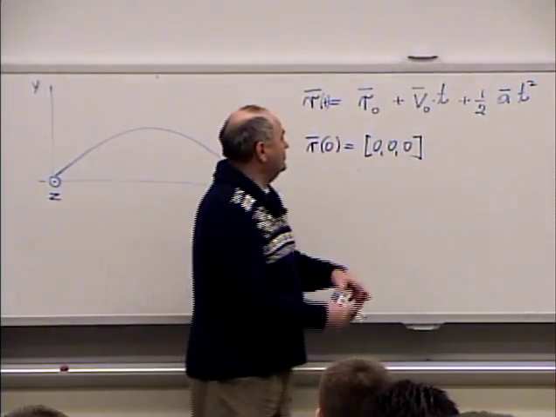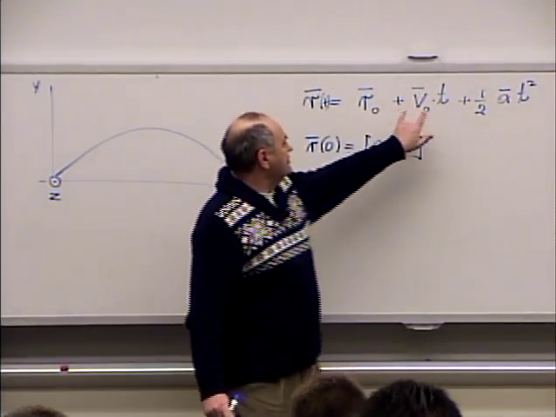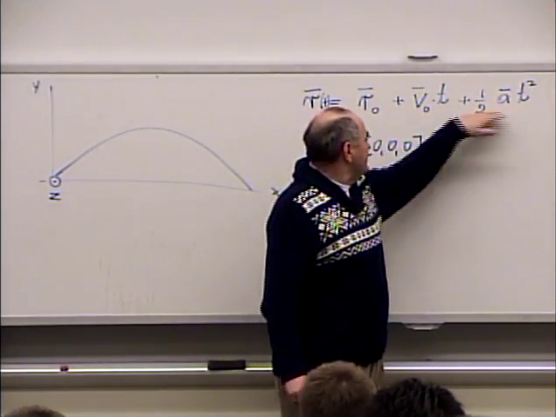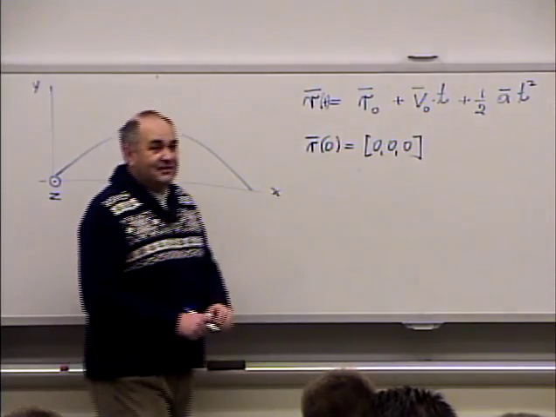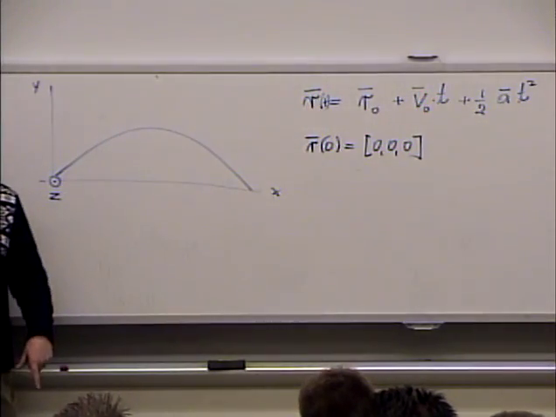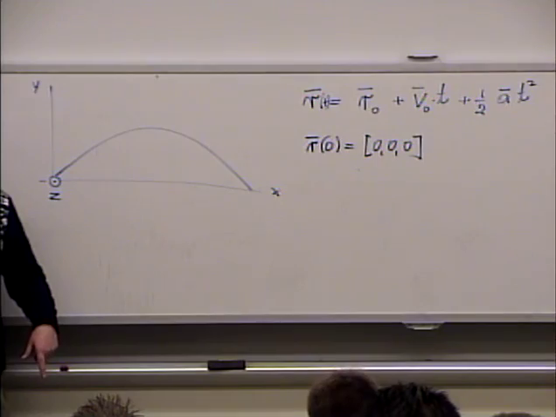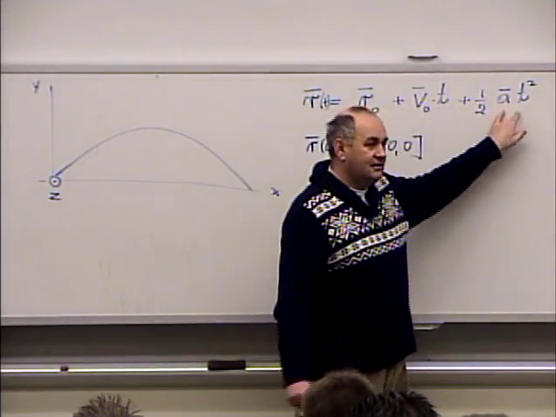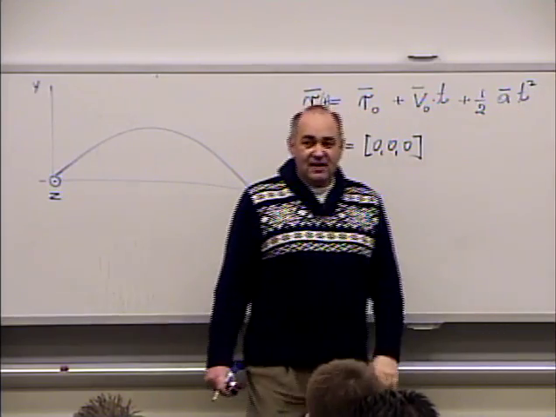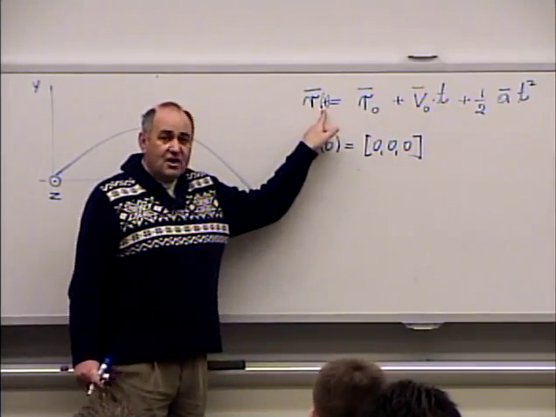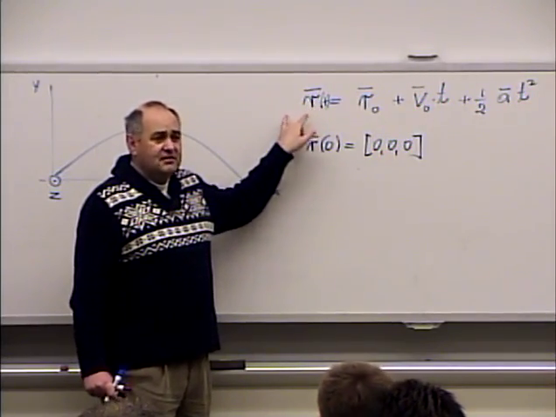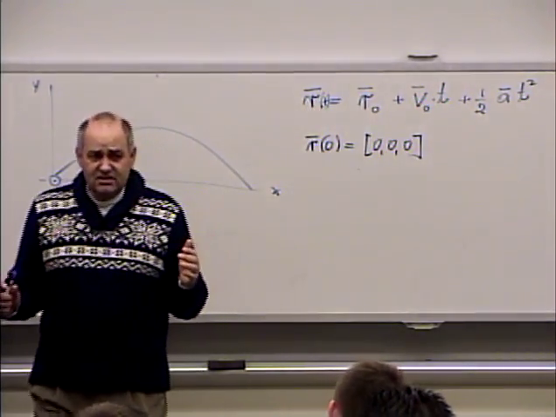Okay, so how do I adjust this vector and this vector so that this formula leads to that? Consult with each other. How should I adjust the values of those three vectors so that when I plug in the value 0, because this equation is supposed to say where a particle is at an arbitrary instant.